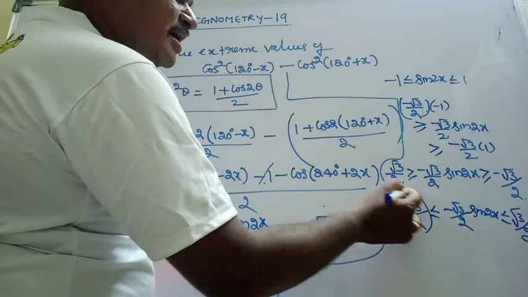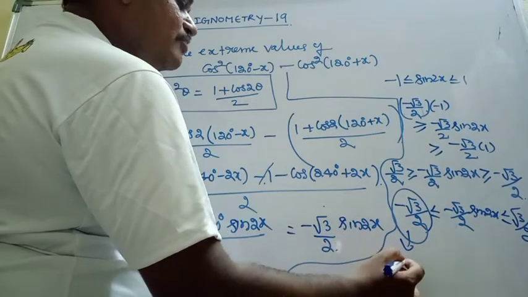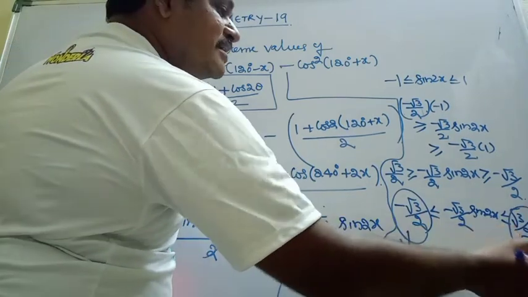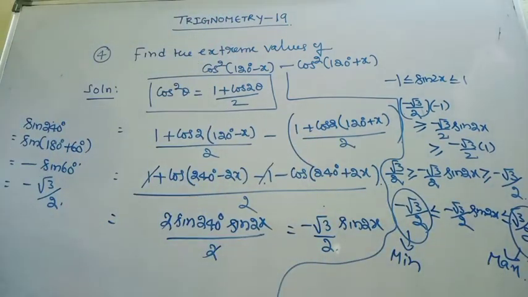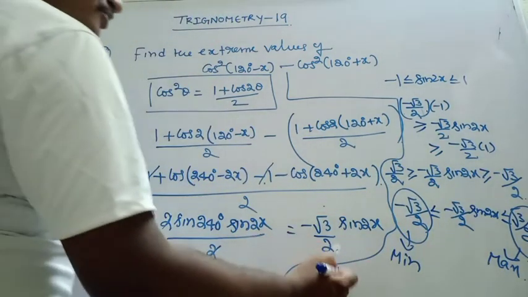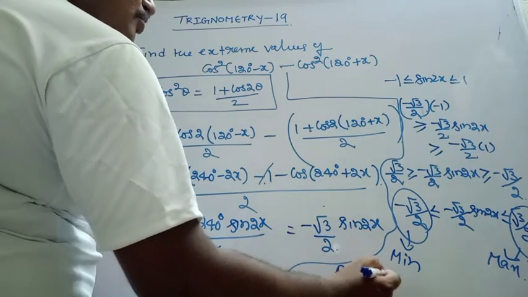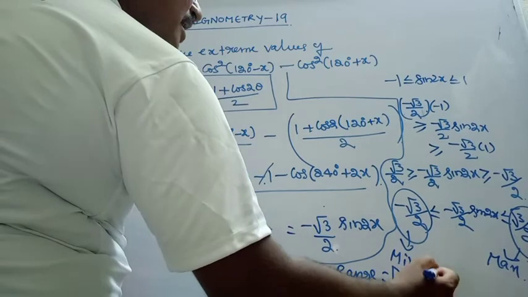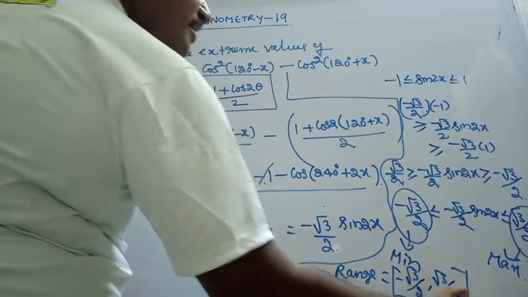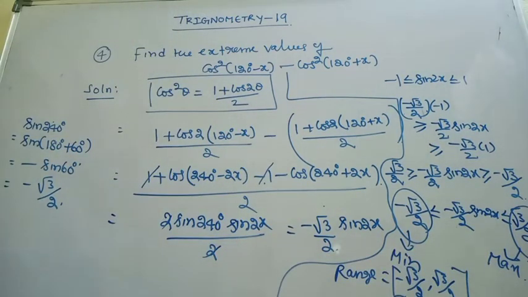Now this is the minimum value you have got, and this is the maximum value you have got. Therefore, the range is minus root 3 by 2 comma root 3 by 2. See how beautifully we have got this particular problem.